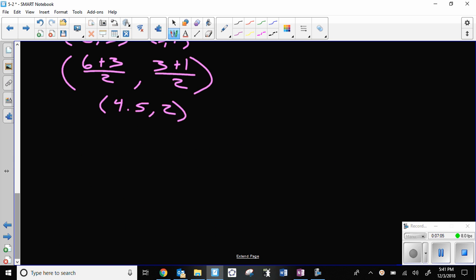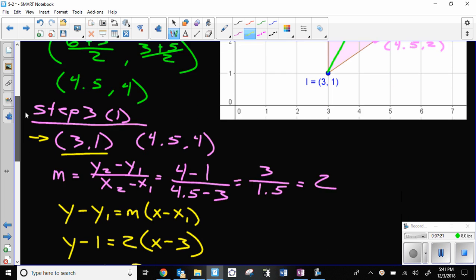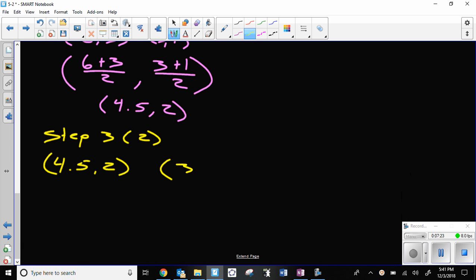So step 3 for the second time, we need 4.5, comma 2, and I got to double check, 3, 5. Okay, and we're going to write our equation given those 2 points.